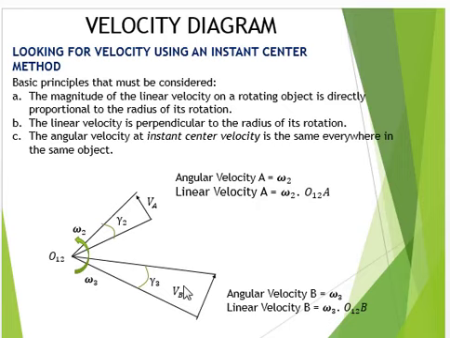You can look at the illustration. Point A and point B are visible on object 2.